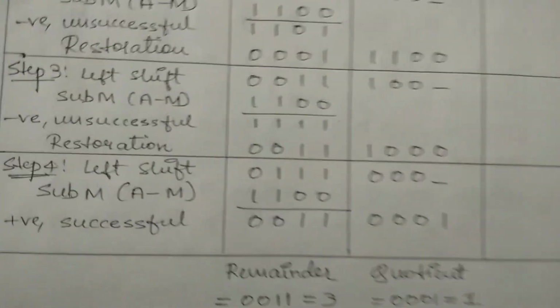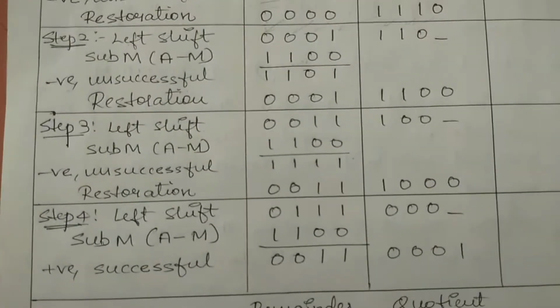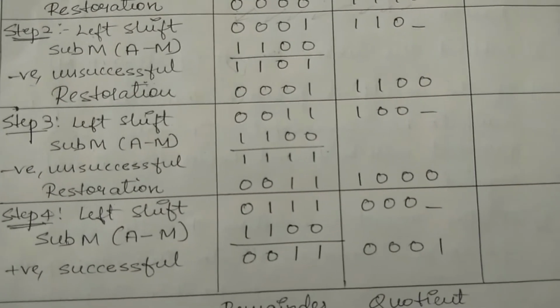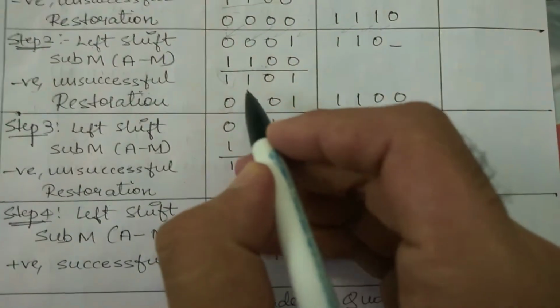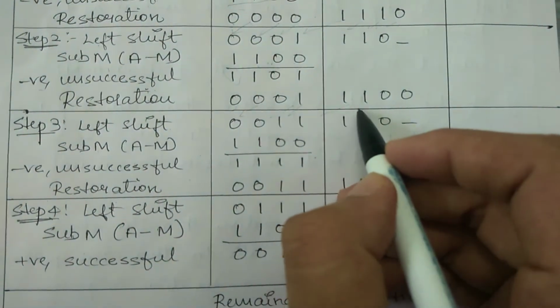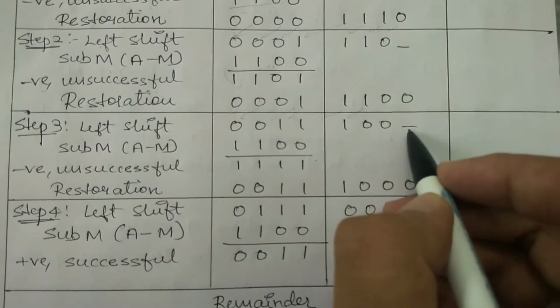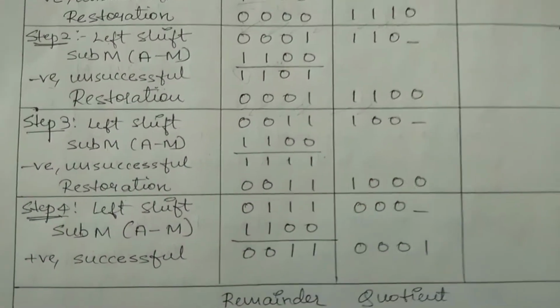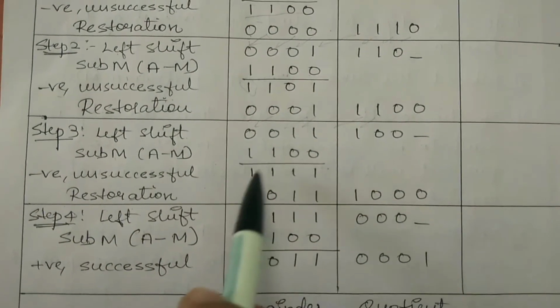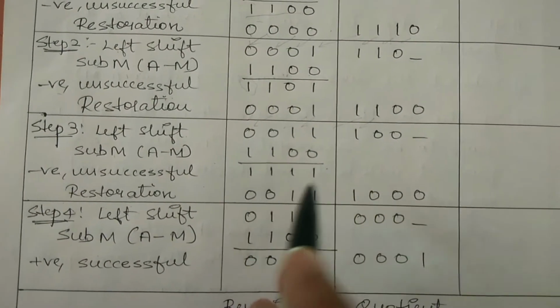Next, step 3. Step 3 is also the same as we did for 1 and 2. First, left shift the number. So left shifting means again here it's 0, here it's 0, here it's 1, here it is 1 1 0 0, and this we need to keep empty. And next, subtract M. After subtraction we will get the result as 1 1 1 1.